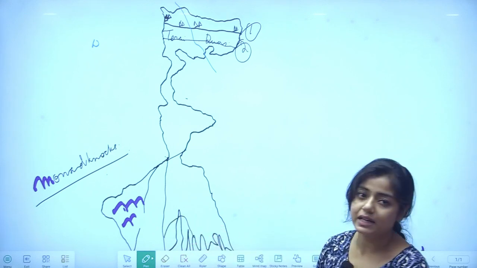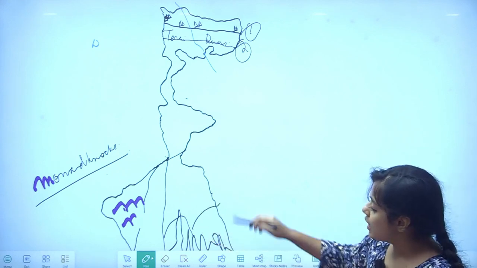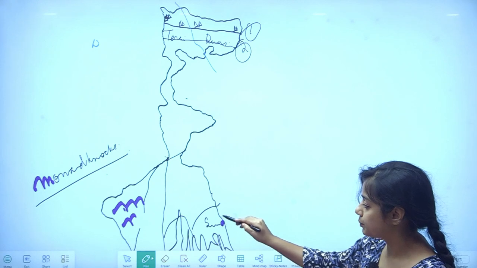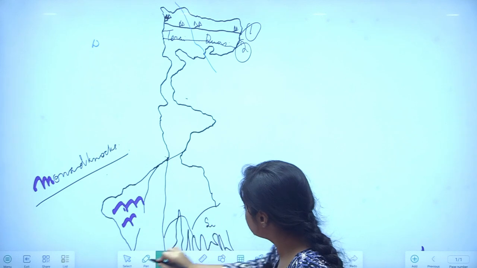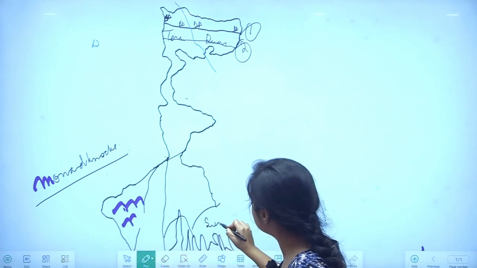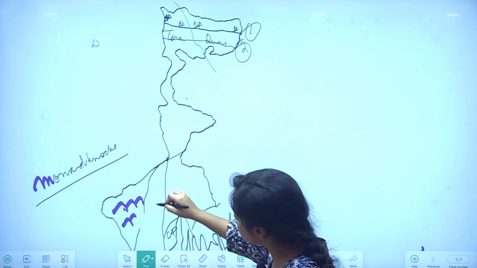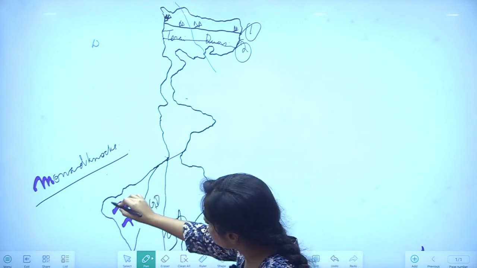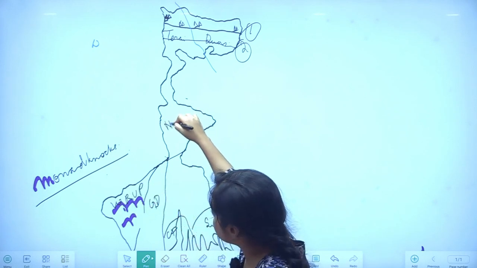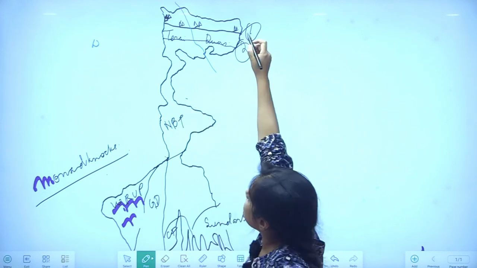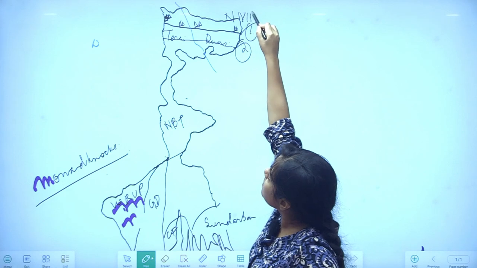Now we come to the Gangetic part, and before coming to the Gangetic part, this part of West Bengal is sandy, the coastal fringe, and this part of West Bengal is our Sundarban area. This is our Sundarban, this is our coastal fringe, this is our Gangetic Delta area, this is western rolling upland and plateaus, this is northern Bengal plain, this is Terai and Duas, this is northern mountainous region.